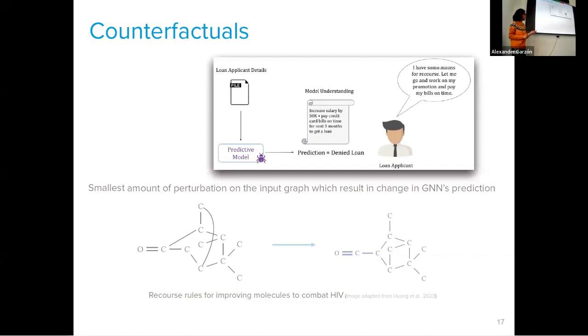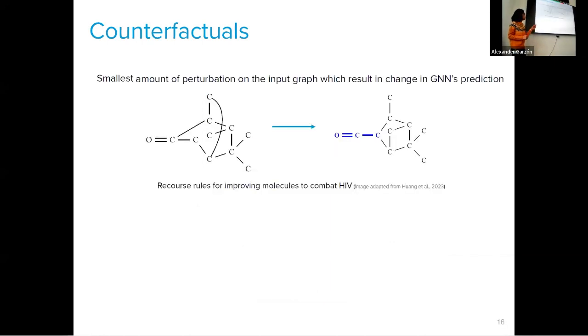So basically, in counterfactuals, you are looking for the smallest perturbation in the input graph which could lead to a change in prediction. The main goal here is that you are getting an unfavorable prediction and you want your prediction to change to something favorable.